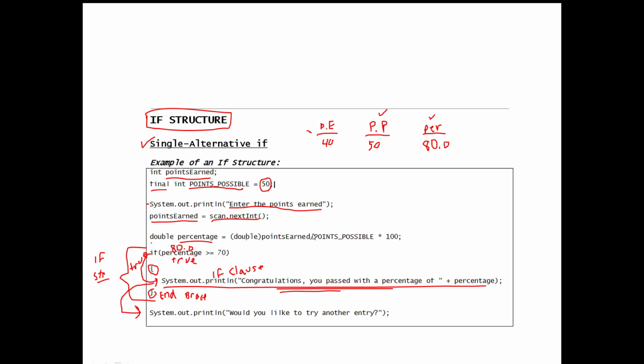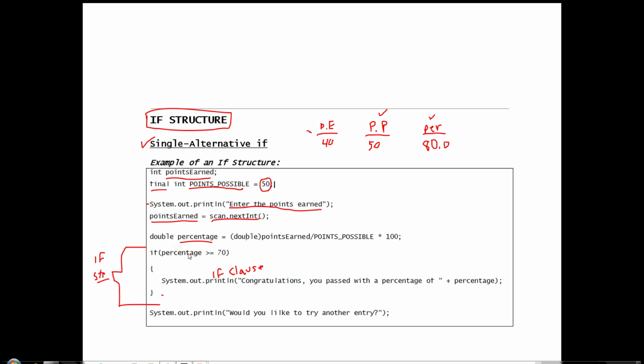Now, there's one more thing that could happen here. We could have another situation here, and this is where the computer has to make a decision. Let's say the person typed in a 20. If this was points earned, let's say 20 instead, and it does all its calculation and it turns out that the percentage is actually 40.0.